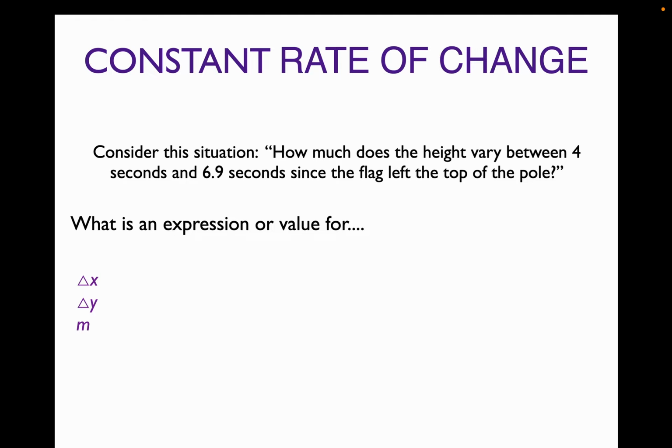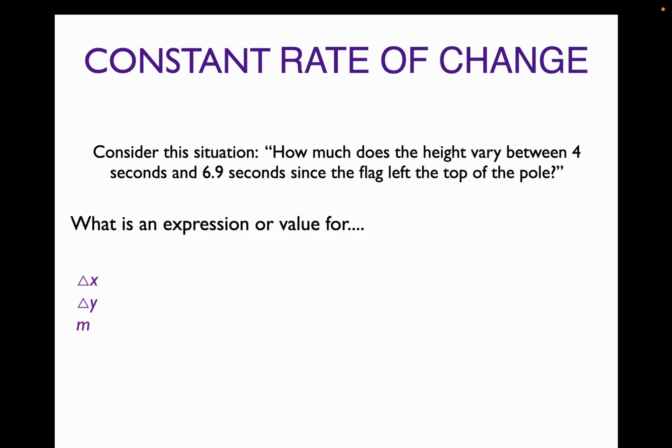Delta y, maybe not as easy to do in your head. M though, we know the value for m, right? M is negative 0.75, this is on the previous slide, same situation.